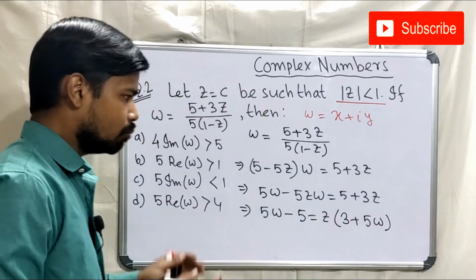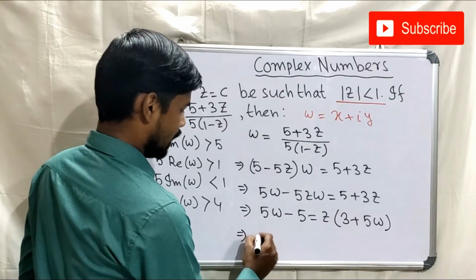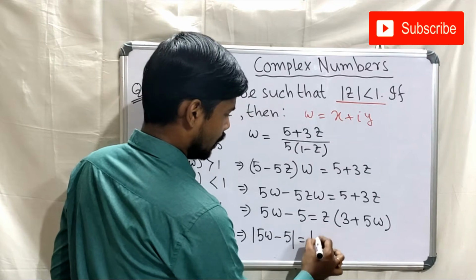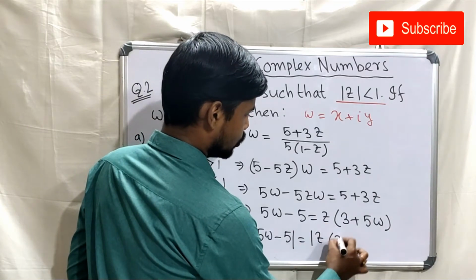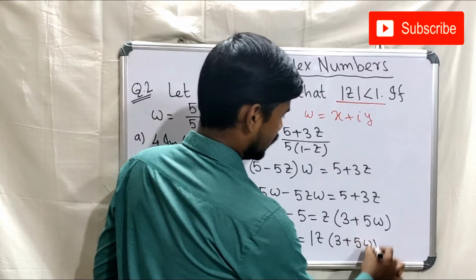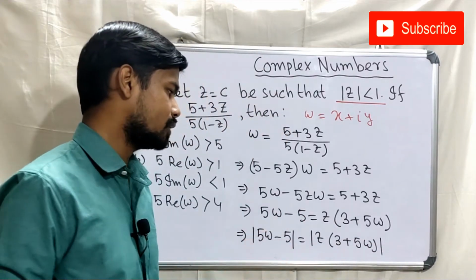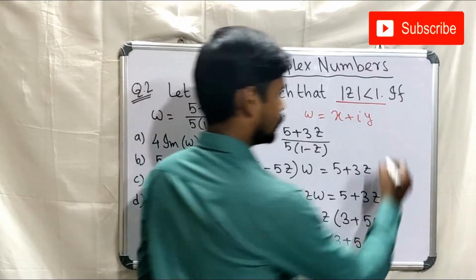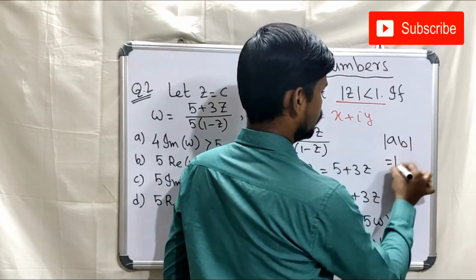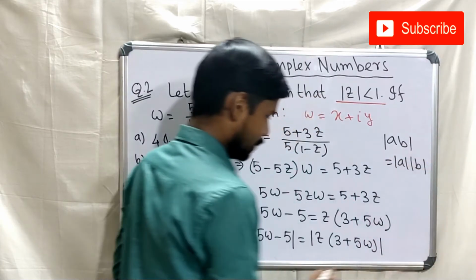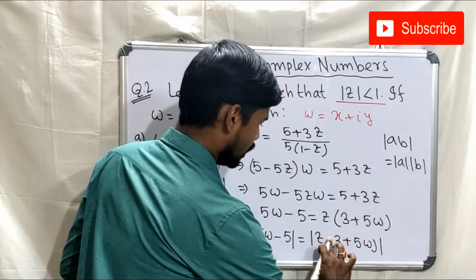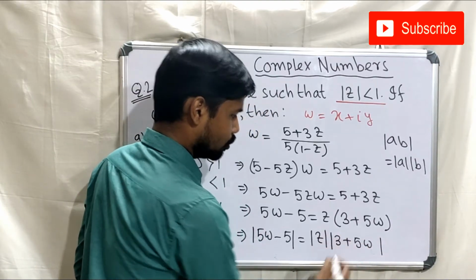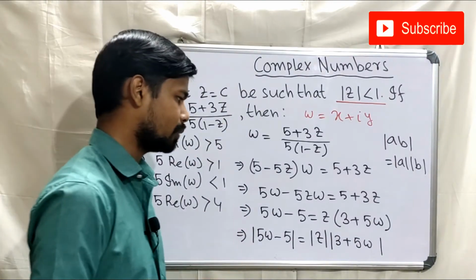Now taking modulus on both sides, we have modulus of (5 omega minus 5) equals modulus of z into (3 plus 5 omega). Now applying the property of modulus of the product of any two numbers, we know that mod of AB equals mod A into mod B. So applying that, modulus of z into (3 plus 5 omega) gives us mod z into modulus of (3 plus 5 omega).